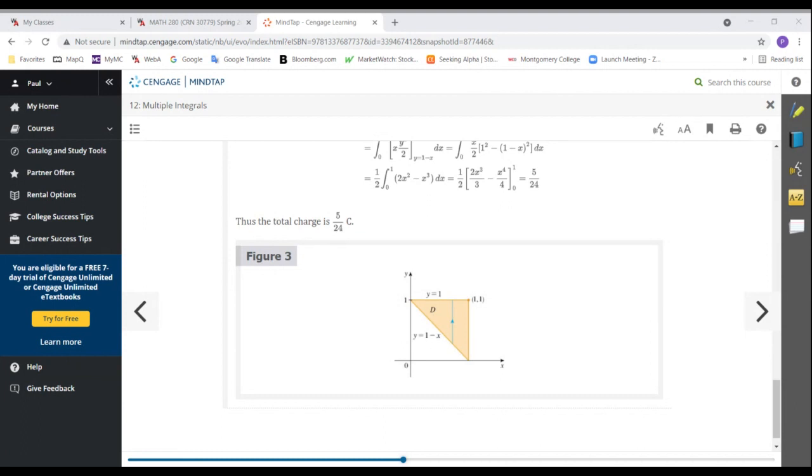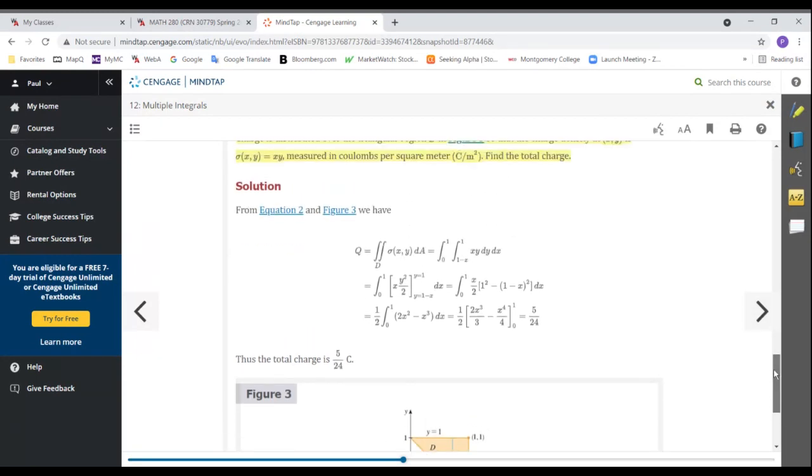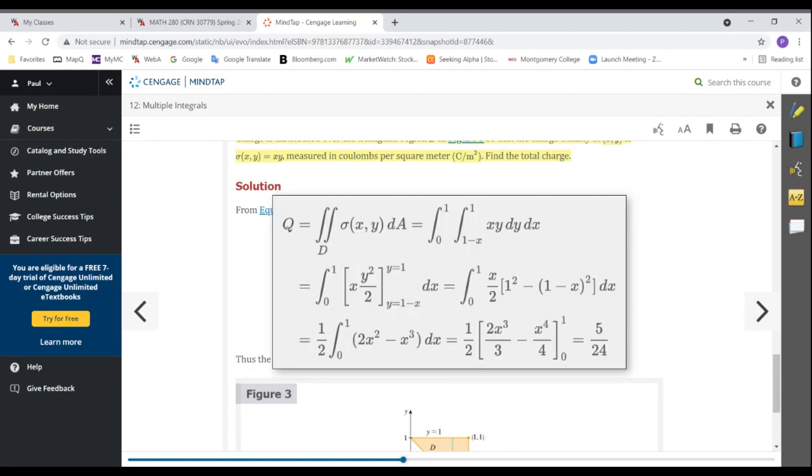The answer is we could. So there's no more work involved. You could treat this triangular region in figure 3 as a type 1 or a type 2 region. But intuitively, if we have a choice, we tend to go with the type 1 region.